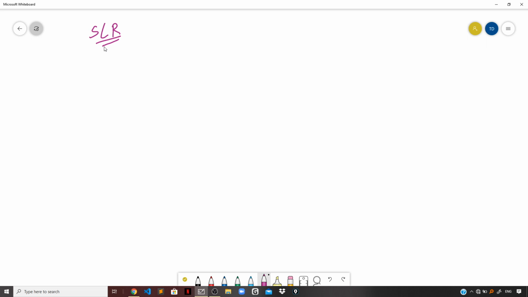In simple linear regression, you need to understand that we have only one input variable and one output variable.